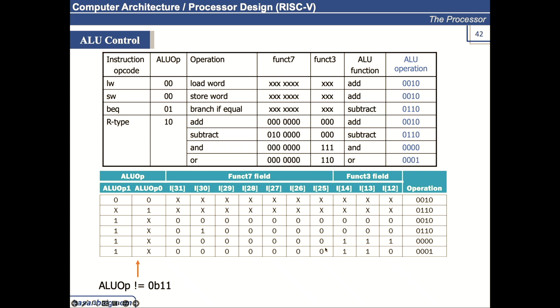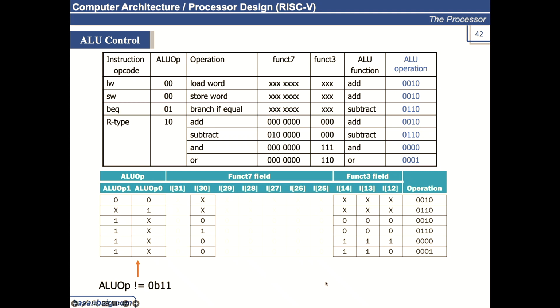Then I30 changes, but I31 is also the same, all zeros. When the values are the same, do we really need to check them? We can just discard them and do not need to compare them. All we need is 1 bit in the func7 field, which is I30, the 30th bit in the instruction, and 3 bits in the func3 field, okay?